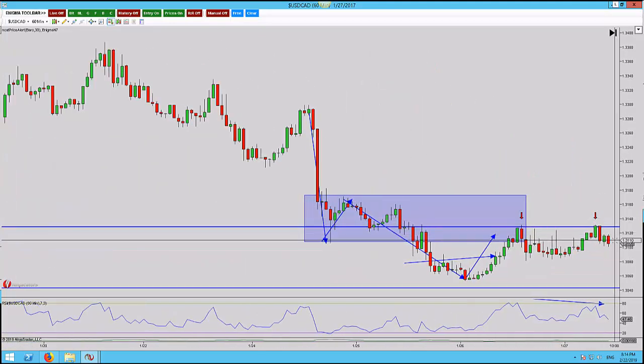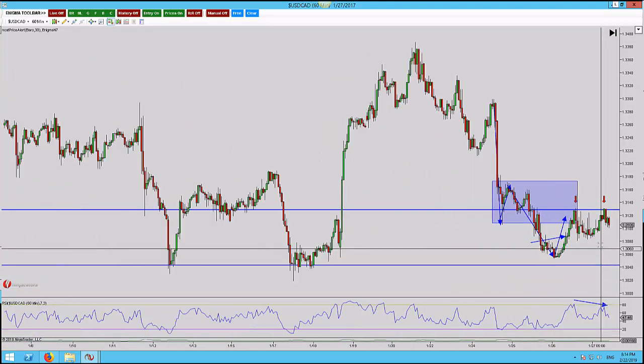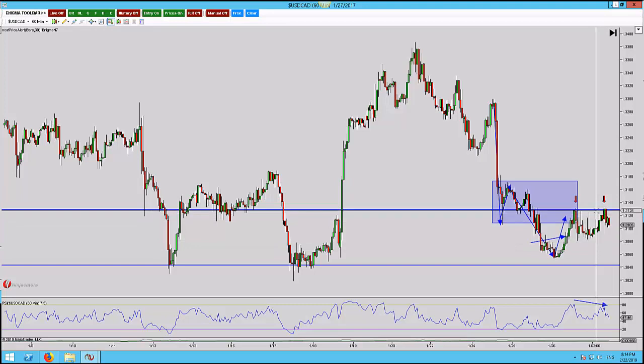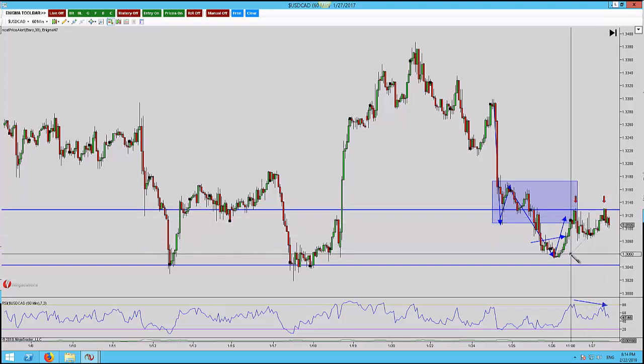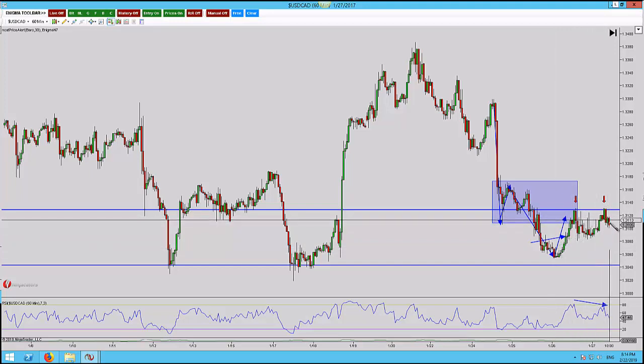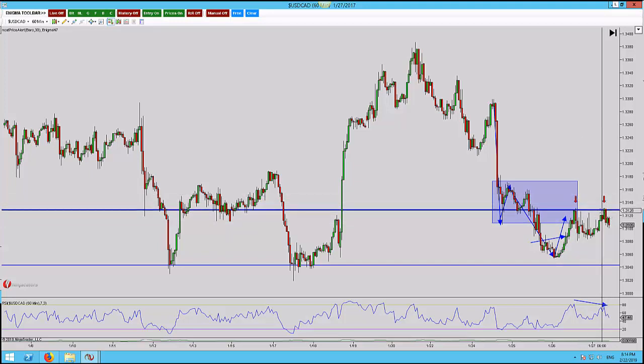Yeah, my concern is... Okay, so entry was this candle right here, this yellow one.